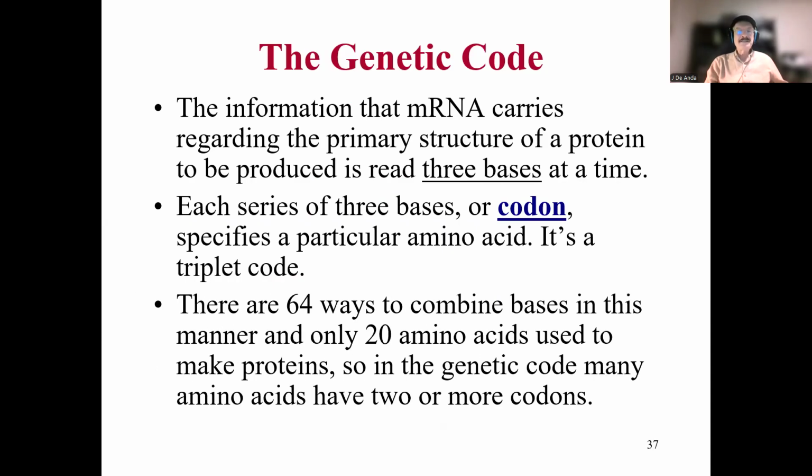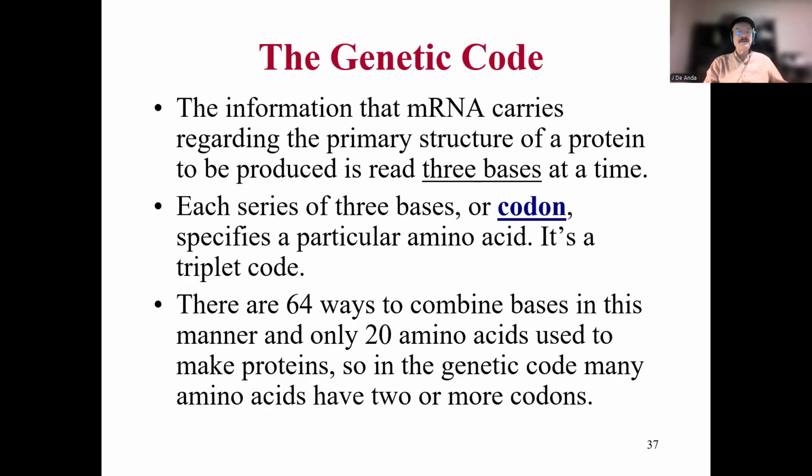Now, if you think about some math, you have 4 possible bases in the first position of the codon, 4 possible bases in the second one, and 4 in the third place. That's actually 64 possible combinations.